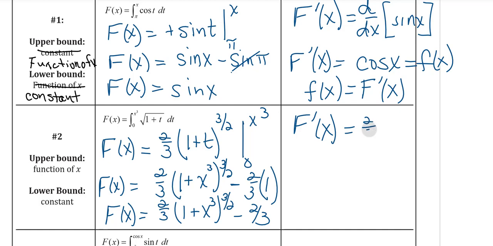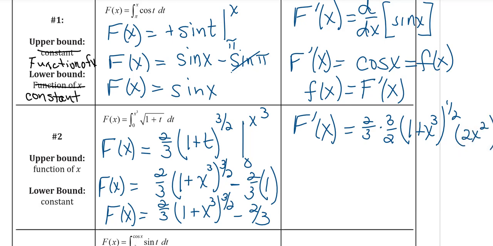So now if I take the derivative of that, I'm going to bring the power down, so I'm going to have 2/3 times 3/2, and then I lower the power by 1, so 1 plus x to the third to the 1/2, and then I take the derivative of the inside, which is going to be 3x squared.